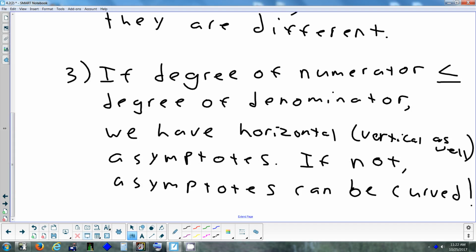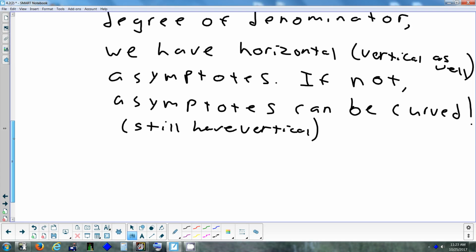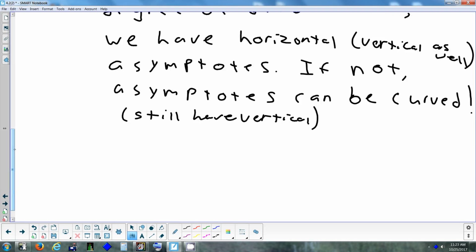Those aren't going to go away. Okay, so you still have vertical, but the asymptotes can now be curved. And those would take the place of having a horizontal.